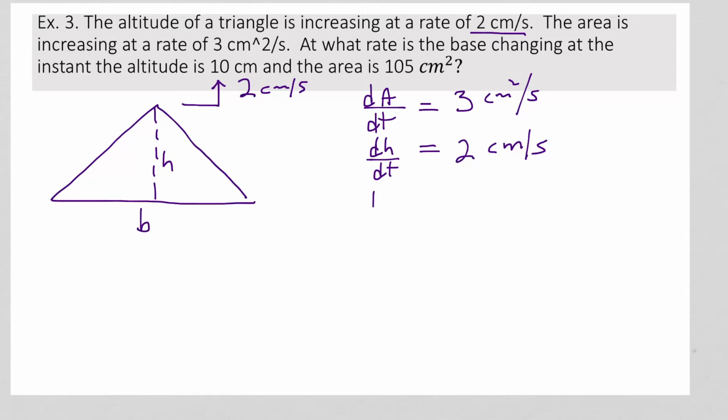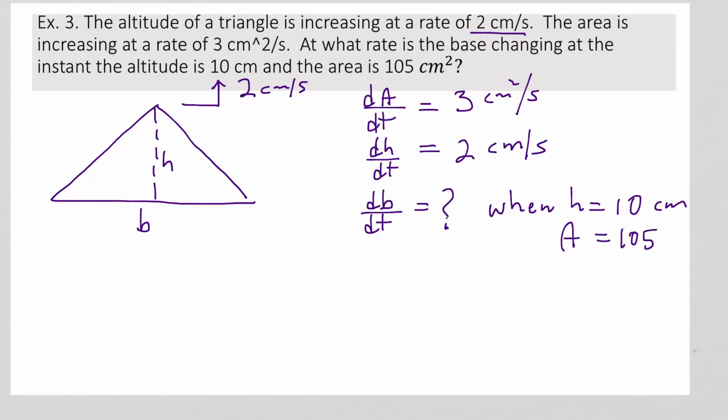So we want to find out what is dB/dt at the instant the altitude, so that's when h is 10 centimeters, and the area is 105 centimeters squared.